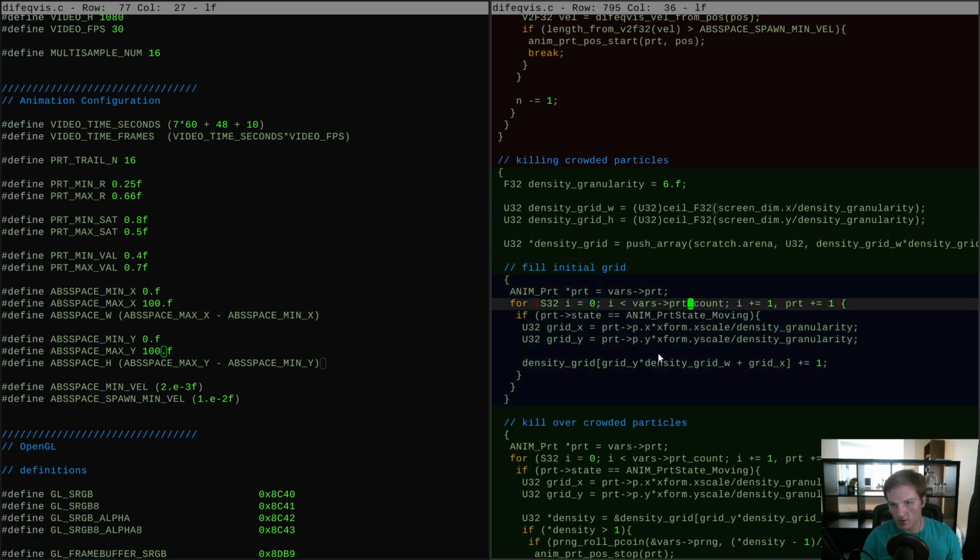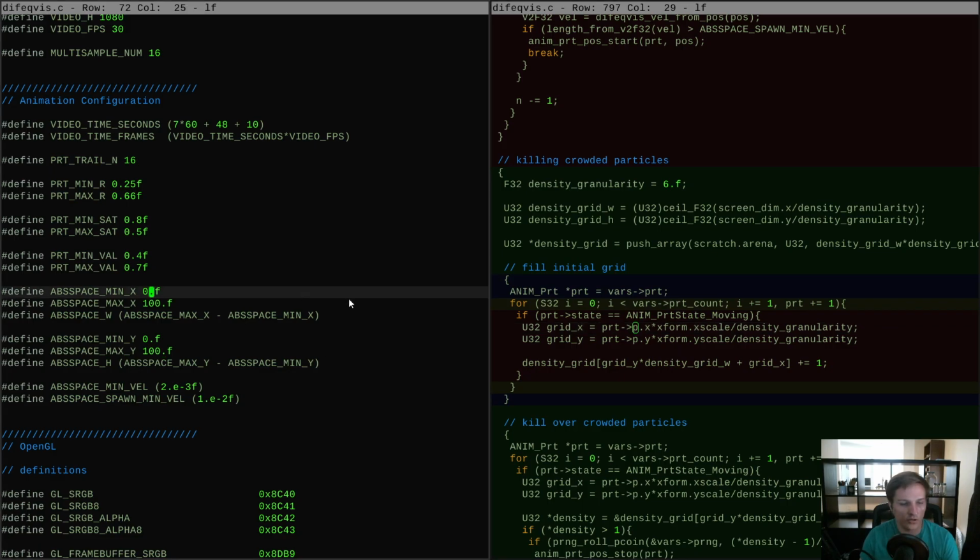None of this has changed, and the X scale, Y scale stuff is all the same still because we haven't changed the base.